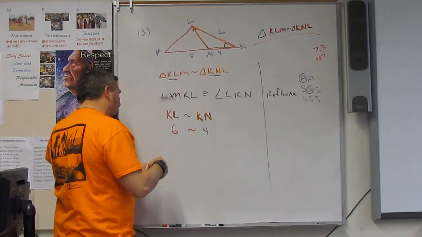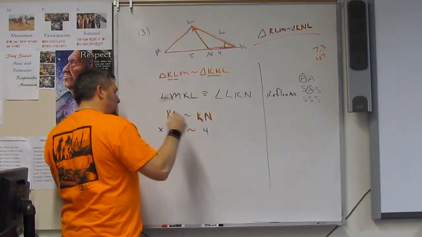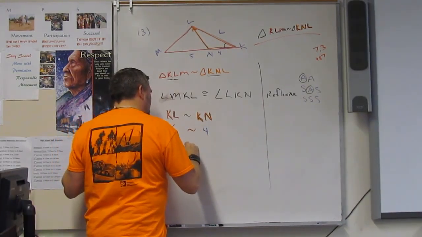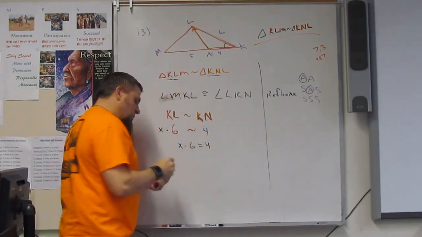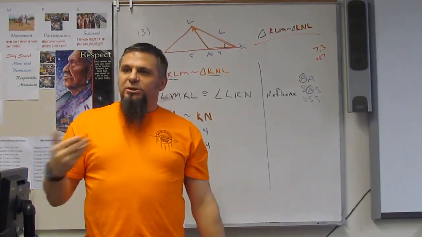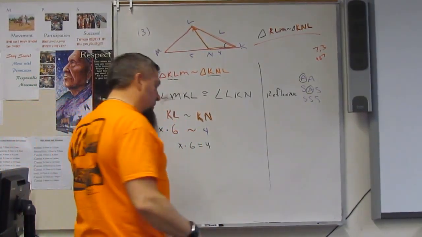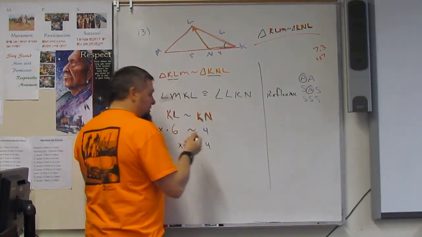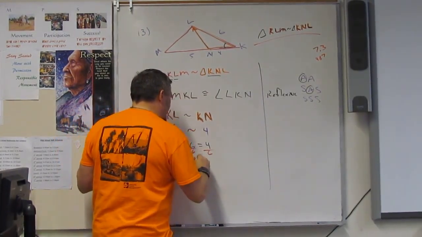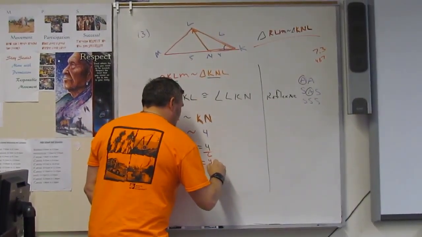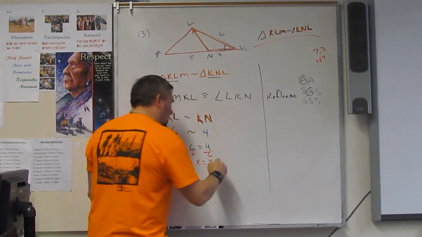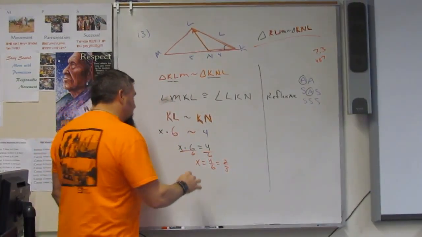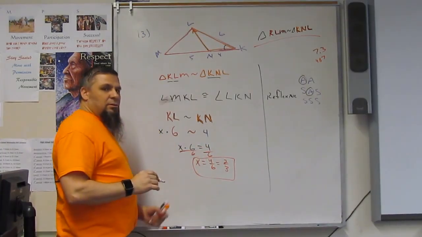So what can I multiply? X times 6 should equal 4, if this is proportional. If it's proportional, then we're good to go. So I solve it. Divide by 6, divide by 6, I get x equals 4 over 6, which is equal to 2/3. So my proportionality is 2/3.